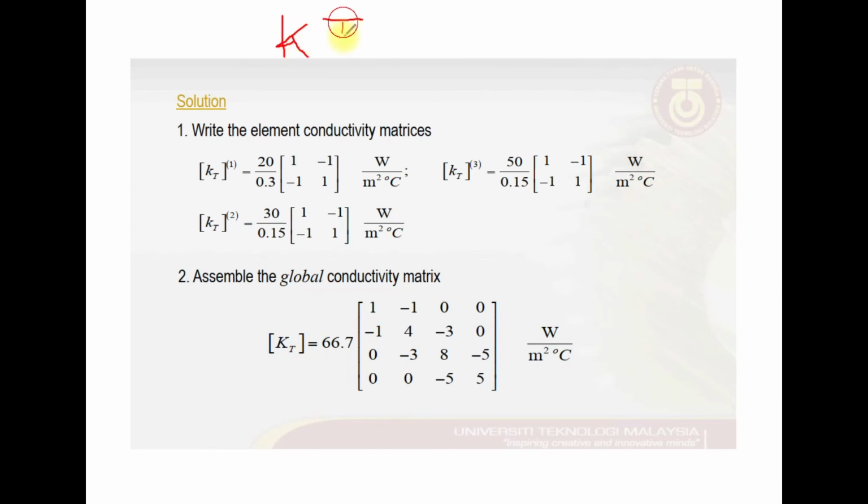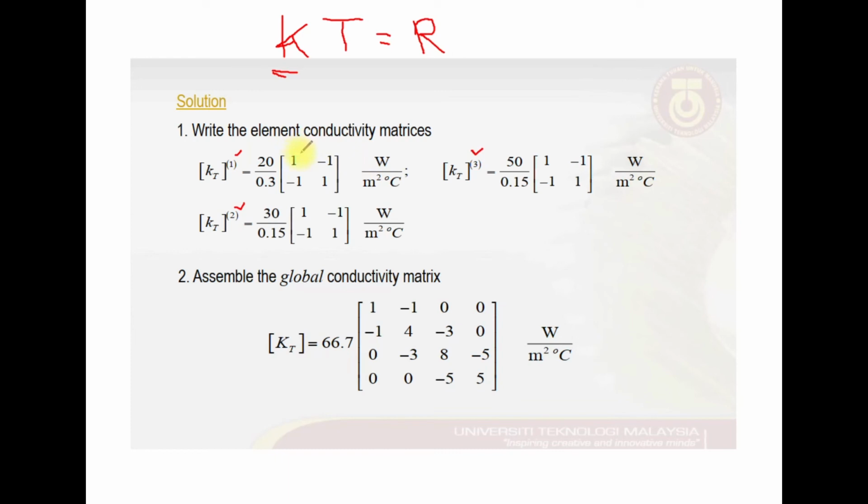In order to solve that particular problem, we should have in mind that this is the system of equations that we are required to solve. In the first place, we deal with the K matrix. Since our system consists of three elements of different materials, the element conductivity matrix must be calculated for each element: element number 1, element number 2, and element number 3.